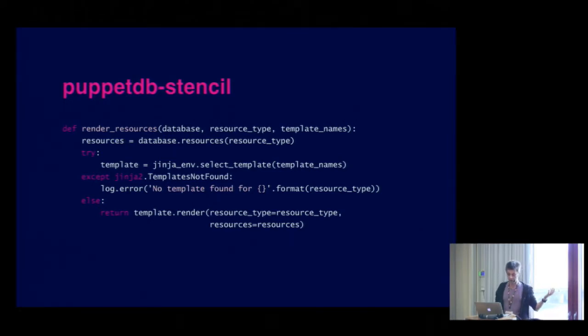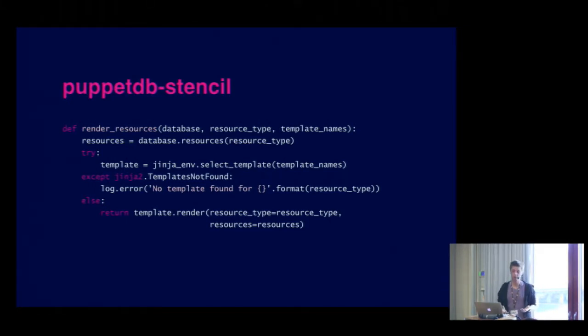What we're telling it here is, given a resource type, file, package, service, nagios_host, nagios_service, it was geared towards Nagios essentially, grab all those resources for me, given a name of templates, find the one that matches, and if so, just pass the whole list of resources that we have to the template.